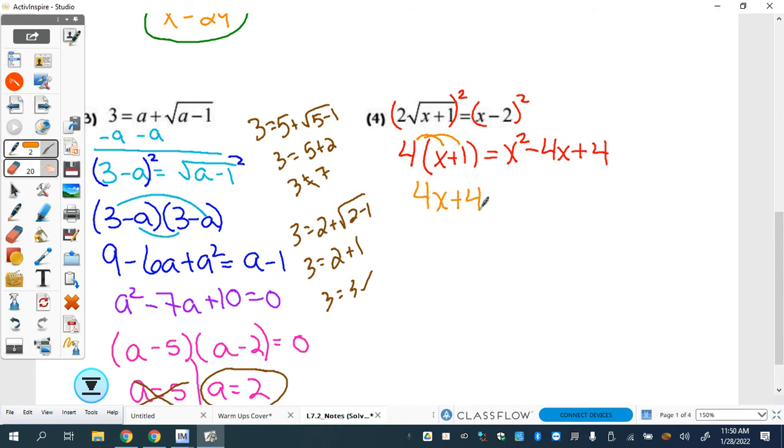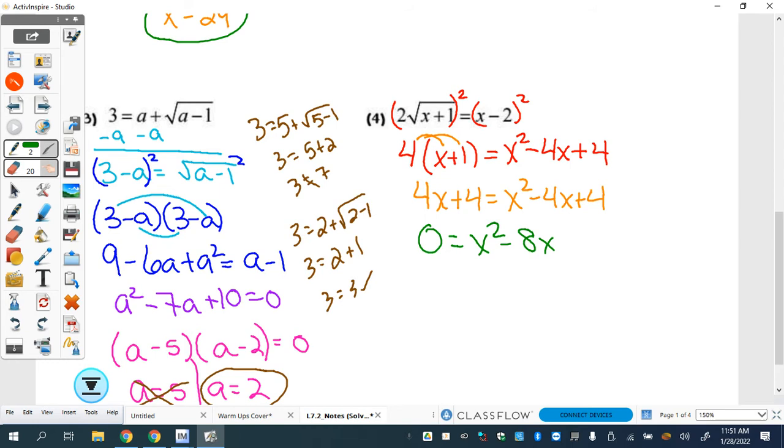So distributing my 4. Then I'll subtract 4x and 4 over to the other side. And my 4's actually end up canceling each other out.